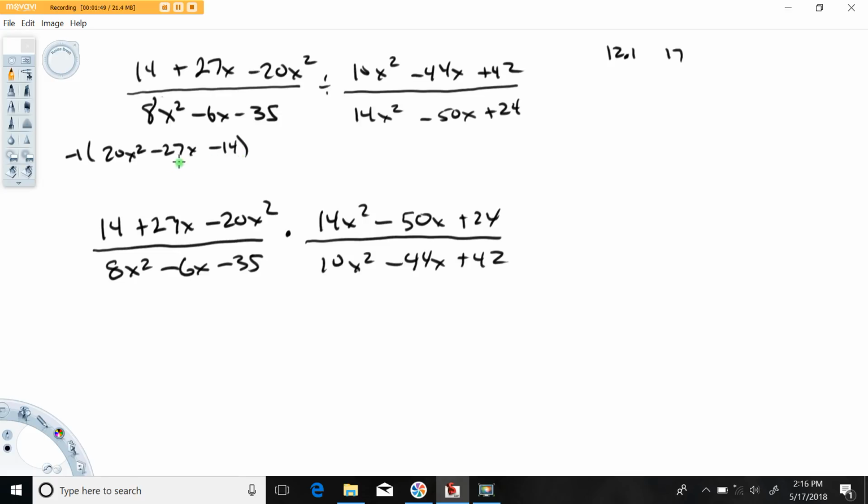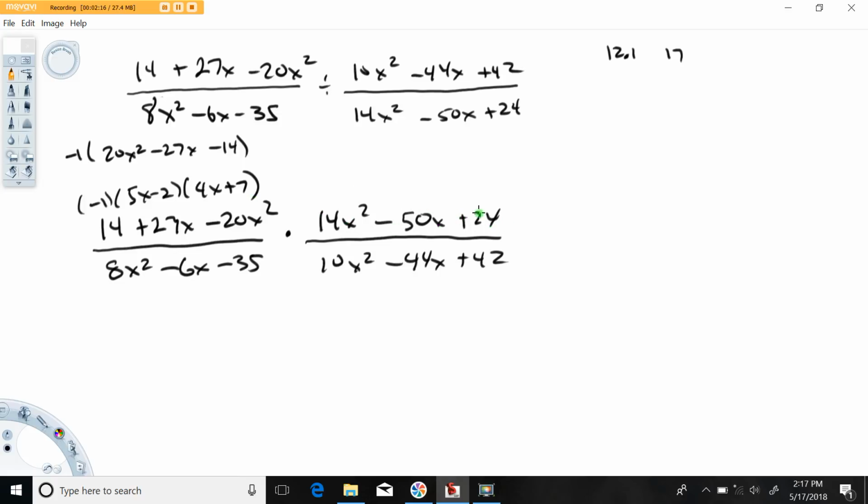And this can be factored, and I usually factor by just the guess method. After a few iterations, I found that this factored into 5x minus 2 and 4x plus 7. So this top guy here is equal to minus 1 times 5x minus 2 times 4x plus 7.